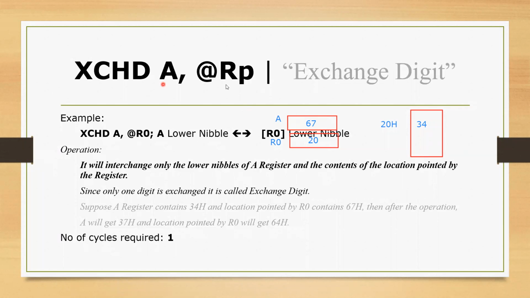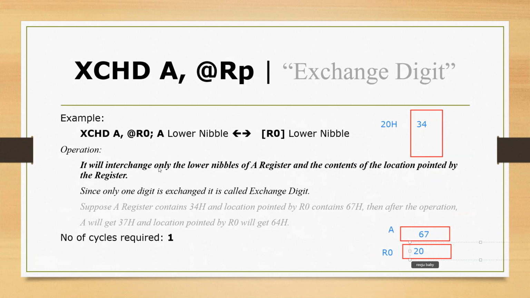So XCHD, that is, exchange digit. Exchange digit means it will interchange only the lower nibbles of A register and the contents of the location pointed by the register.